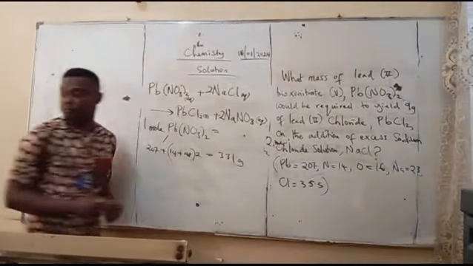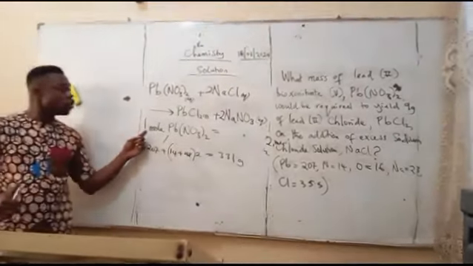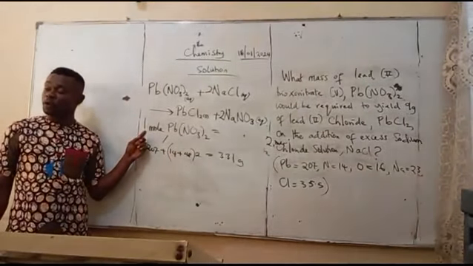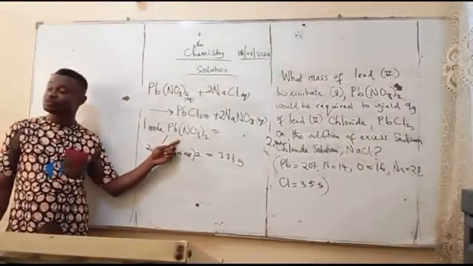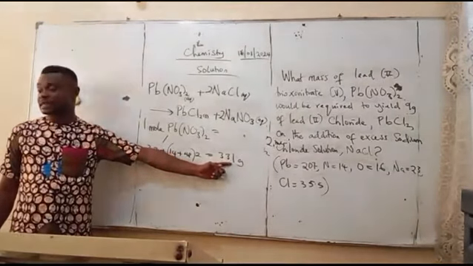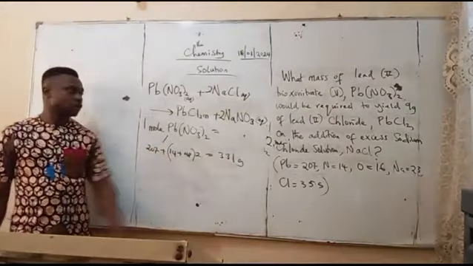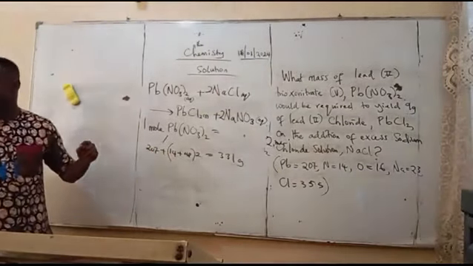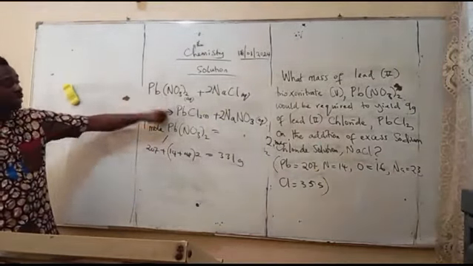331 gram, right? So 1 mole of lead nitrate has a mass of 331 gram. That's the meaning. Good. Remember, our concern is between lead nitrate and what?